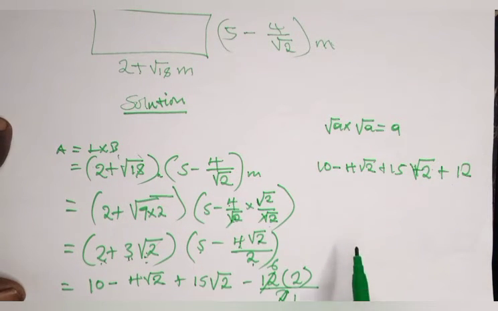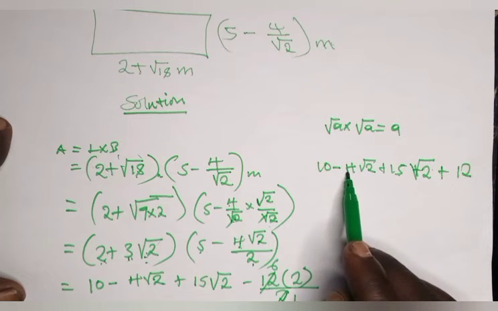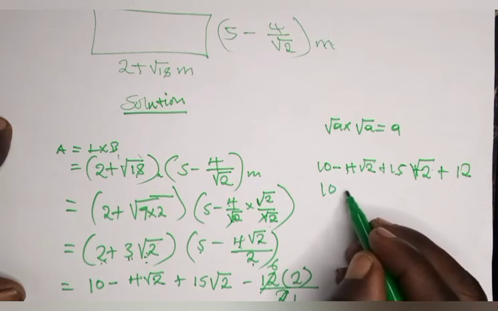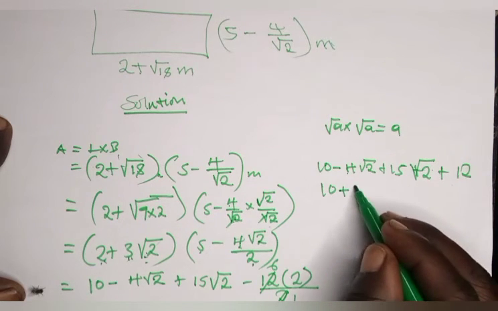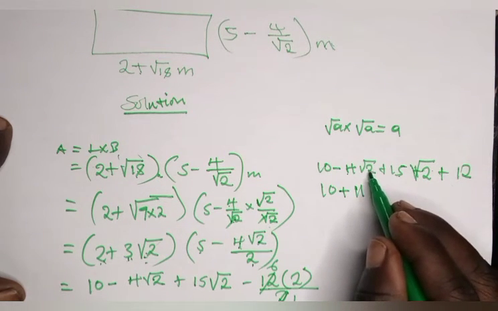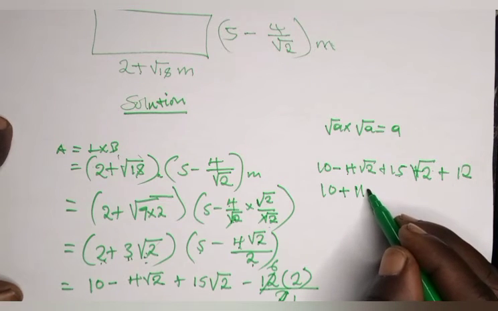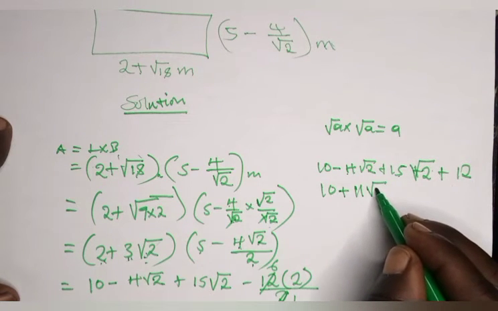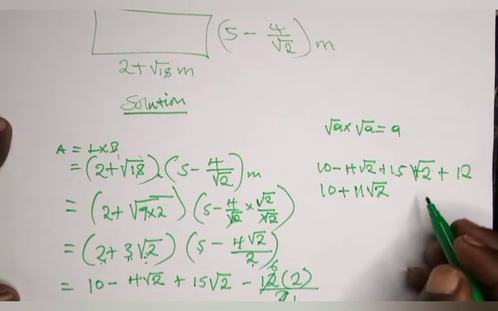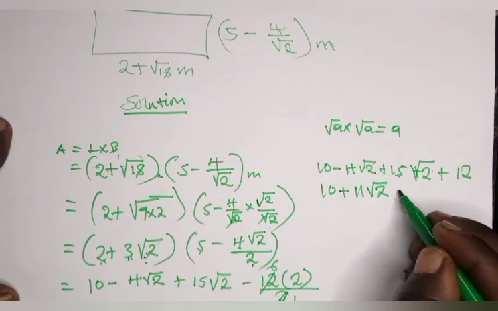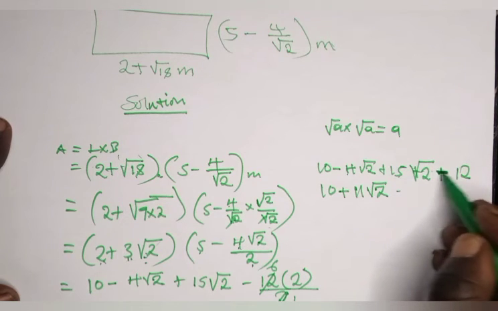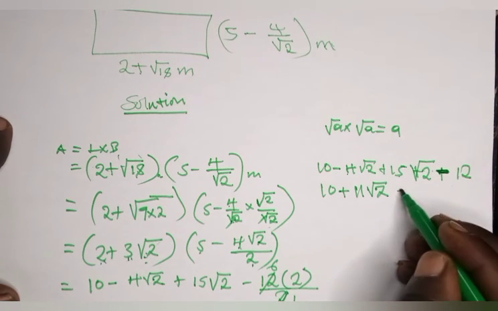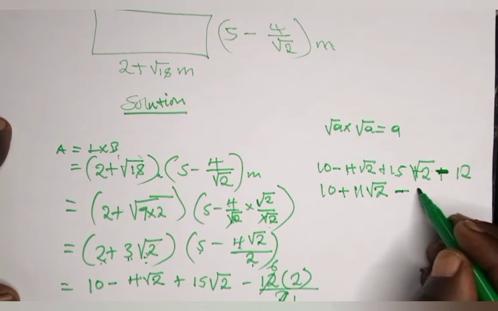Then 4 minus 15, we follow the sign of the bigger number, so it's minus 11 root 2. And 10 minus 12, that one is negative, so minus 12.